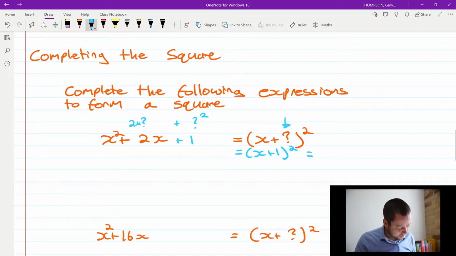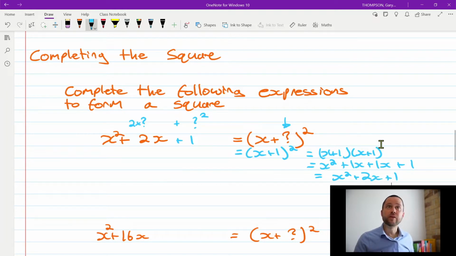So that's going to be x plus 1 times x plus 1, which is going to be equal to x squared plus 1x plus another 1x plus 1 times 1, which is equal to x squared plus 2x plus 1. Excellent. So that result is where I started with the square I made. So I correctly completed the square by adding this particular term to this expression.